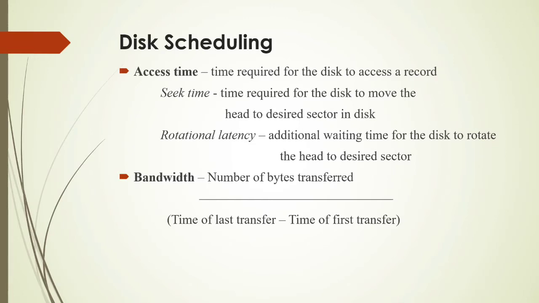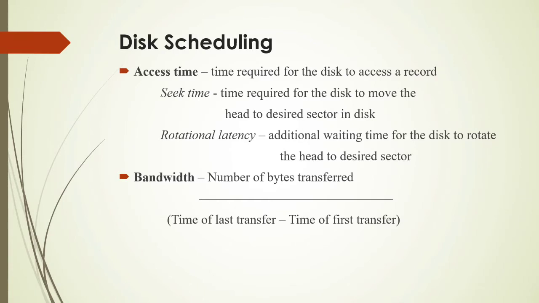The access time is nothing but the time required for the disk to access a particular record, which is saved in the sector of each and every platter. Generally, we have many data saved in a sector, and the combination of sectors forms a track, and each platter has its own tracks.